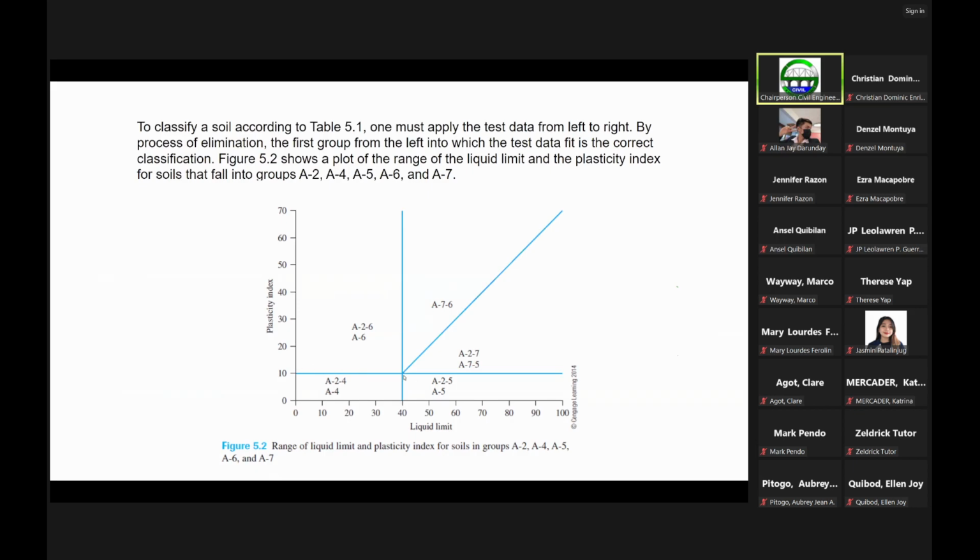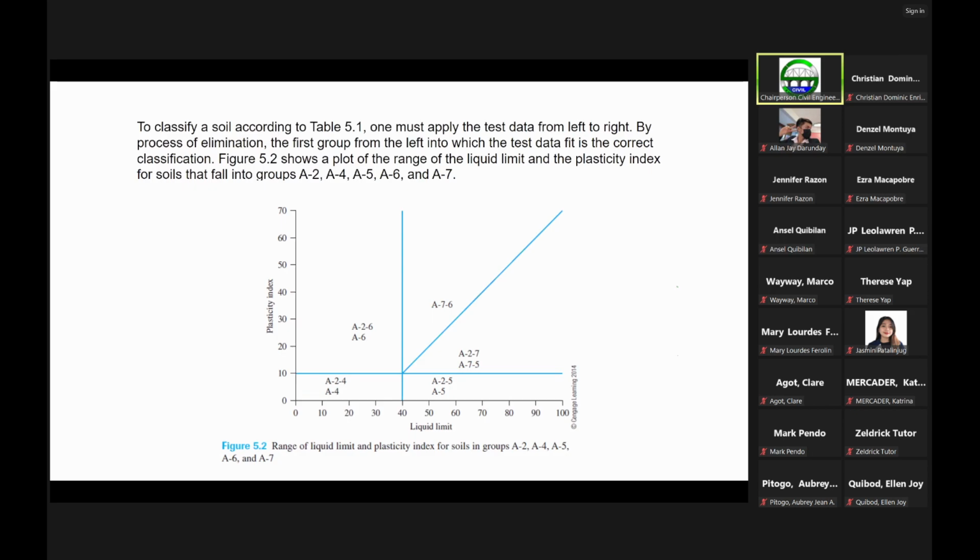In this region, you have the A-4 and A-2-4. In this region here, you have the A-6 and A-2-6 materials. And then in this region here, you have A-7-6. And then in this region here, you have these subtypes. And in this region here, you have the A-2-5 as well as the A-5 material.